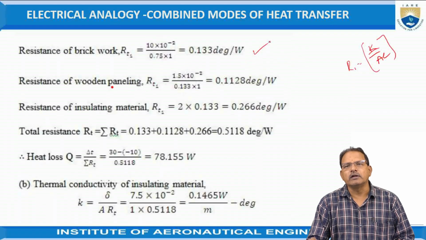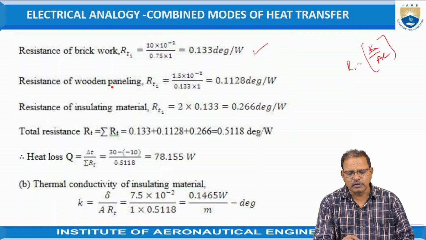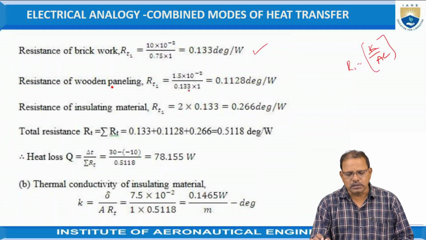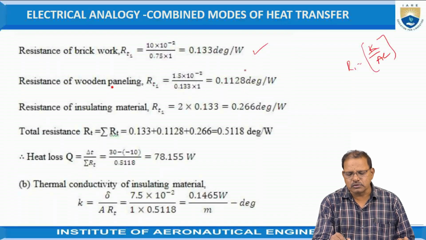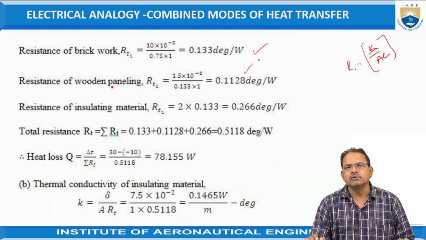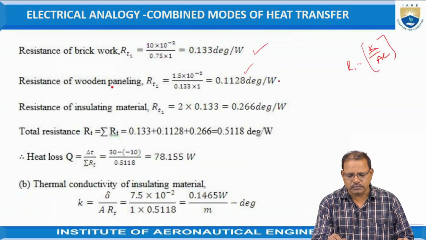Similarly, the resistance of the wooden paneling is RT2 equal to 1.5 into 10 to the power of minus 2 divided by 0.133 into 1, which is equal to 0.1128 degree per watt.